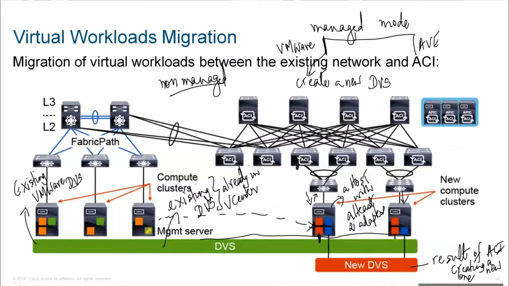Once I've moved some virtual machines over to the host, I go ahead and do the managed approach, which just creates a new DVS. So I have a second physical adapter, which serves as the uplink for the new DVS. That makes it easier for me to move my virtual machine, which was on the green one, to the red one. A lot easier to accomplish this as far as migration.